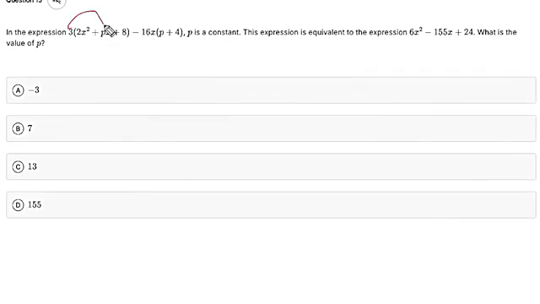So 3 times p would be 3px. And then keep in mind we're subtracting 16 times x, which would be 16px, and that's minus 16px. And I can't just pull that out. I have to pull out every coefficient of x.